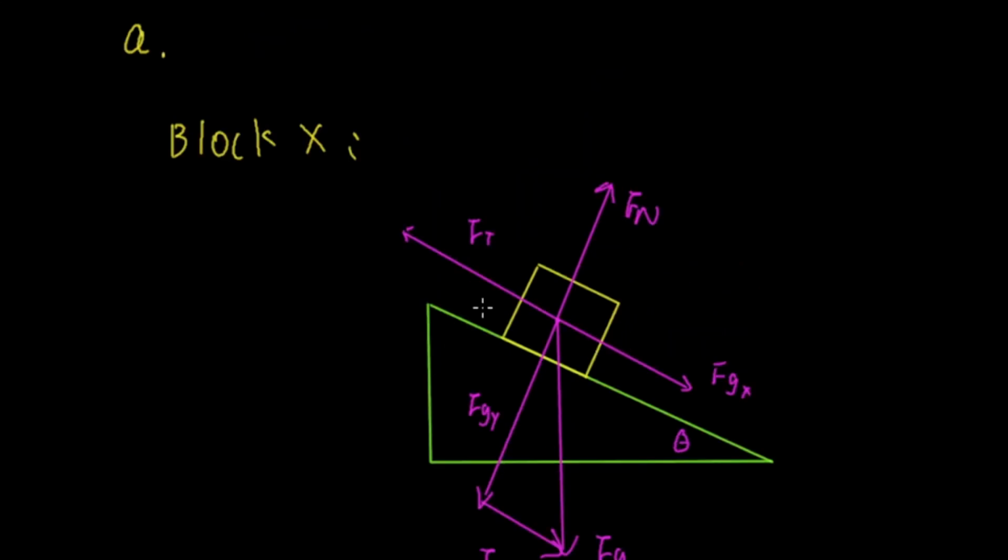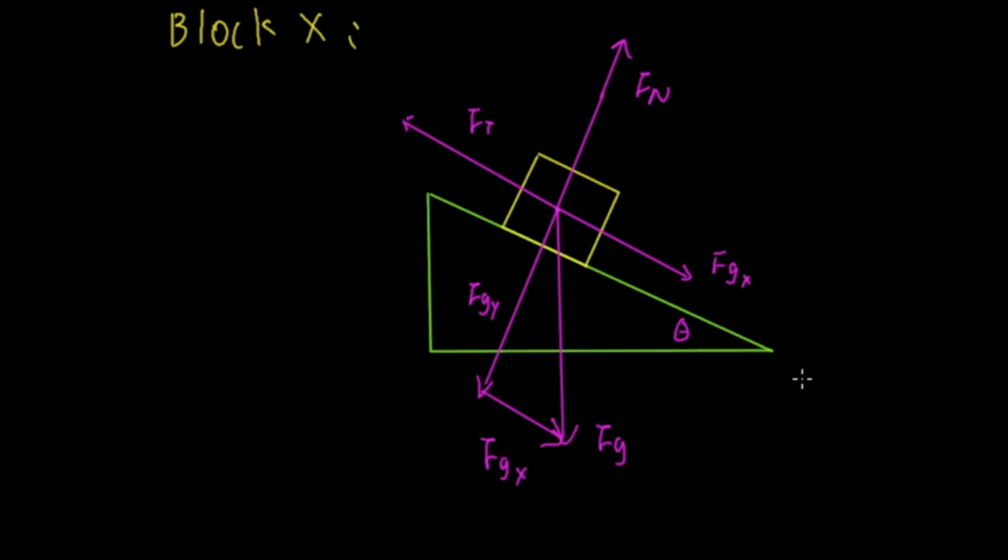Just in case the magnitude of this force is not the same as this force, I'm going to draw it again. It should have the same magnitude, because they cancel out. Now, after we break it down into components, here's a right triangle. We know that this is a right angle.